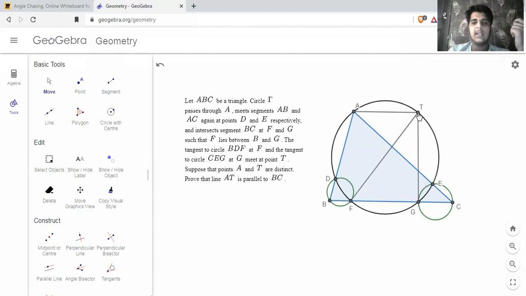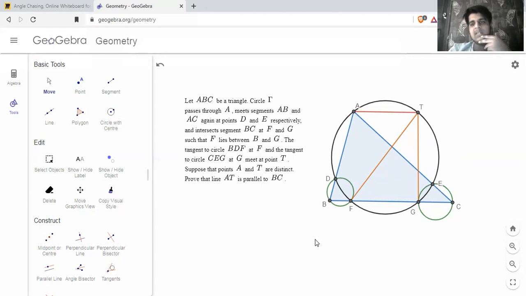Then T is the intersection of the tangent to BDF at F, and this line, tangent to CEG at G. We have to prove AT is parallel to BC.